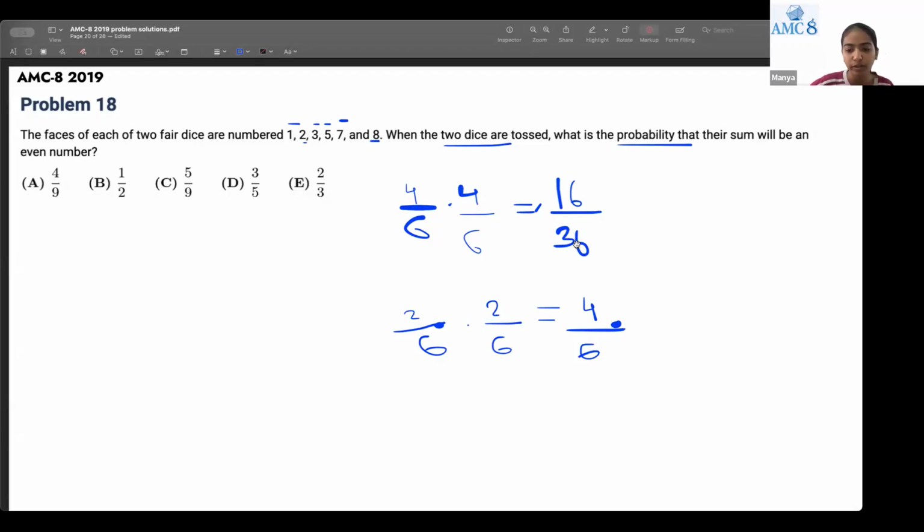So 16 over 36 plus 4 over 36, and if we add both of these up, we'll be getting 20 over 36. And so if we reduce this, dividing by 4, we get 5 over 9. And that's how we got our answer choice C.